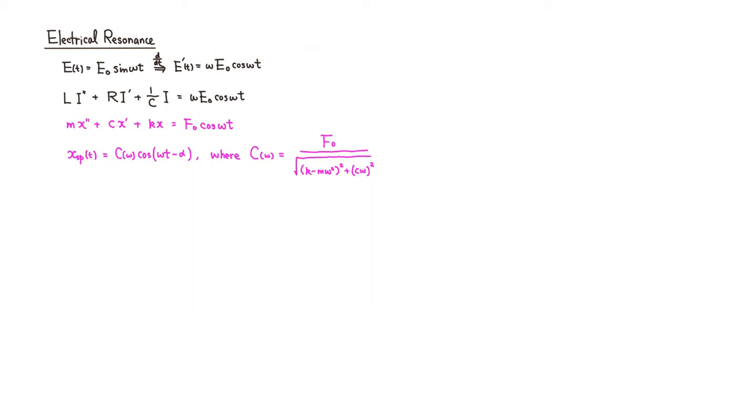For example, the L is going to be matched to M. Then we're going to match R to C, then 1 over C to K. Then the next one is omega E0 to F0.